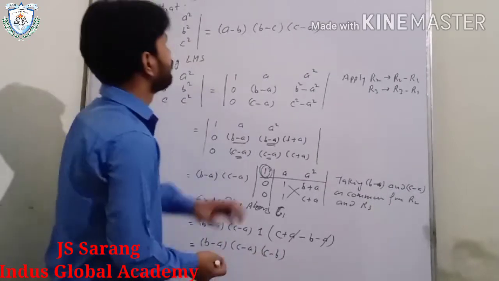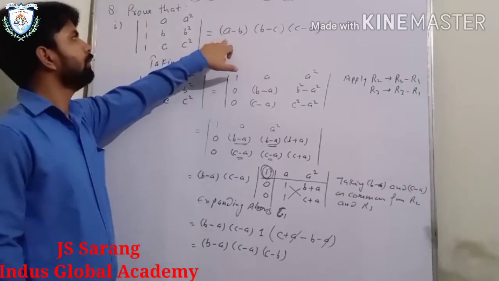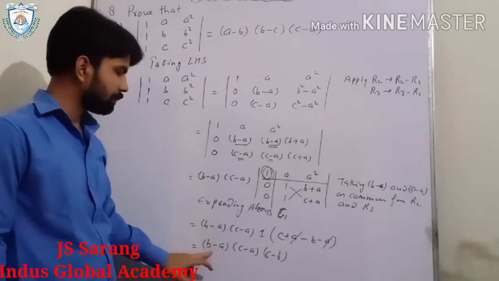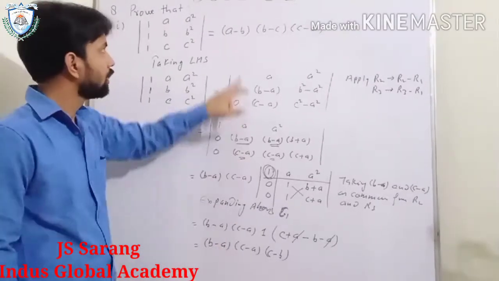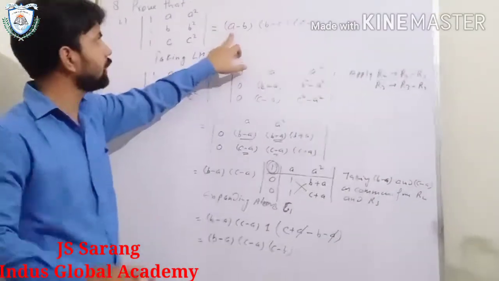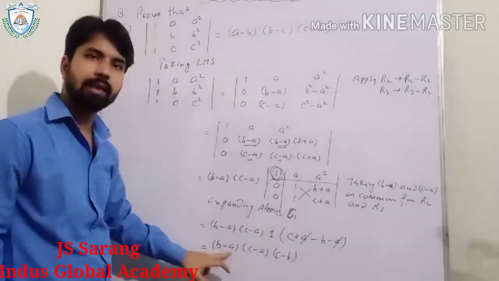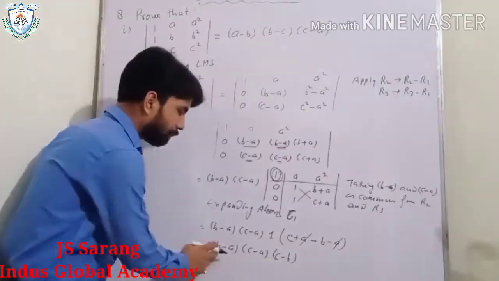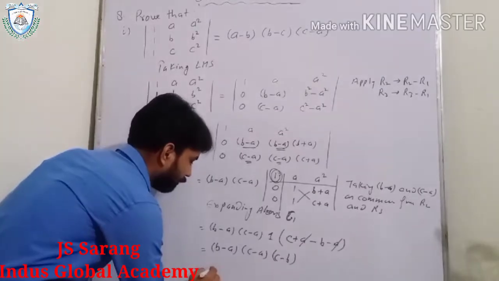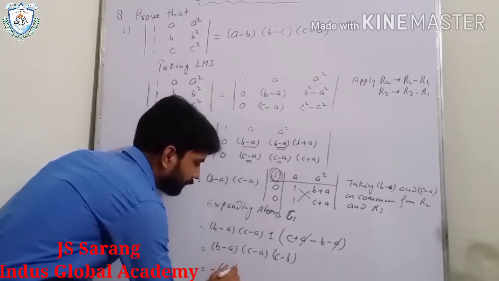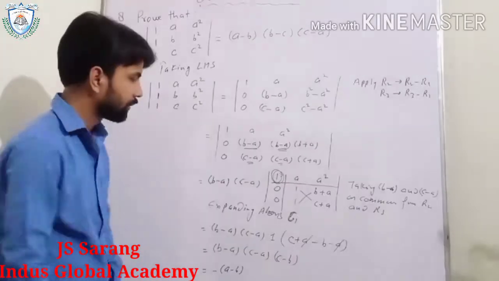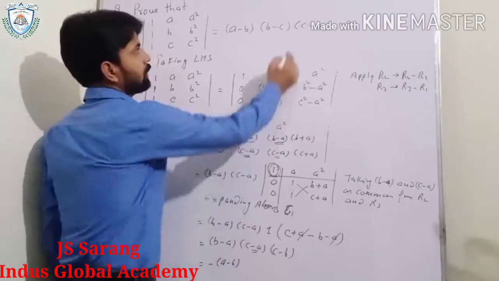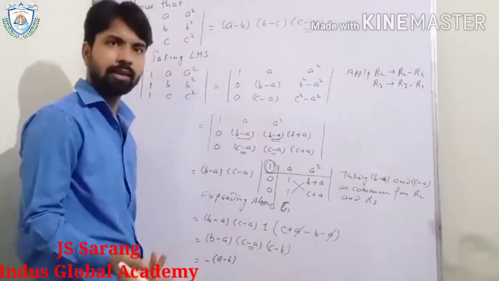But see, in the proof, we want A minus B, but there is B minus A. So what we can do? We can take minus common. So if I am taking minus common, it will be A minus B. C minus A is here, so C minus A is here. There is no change.